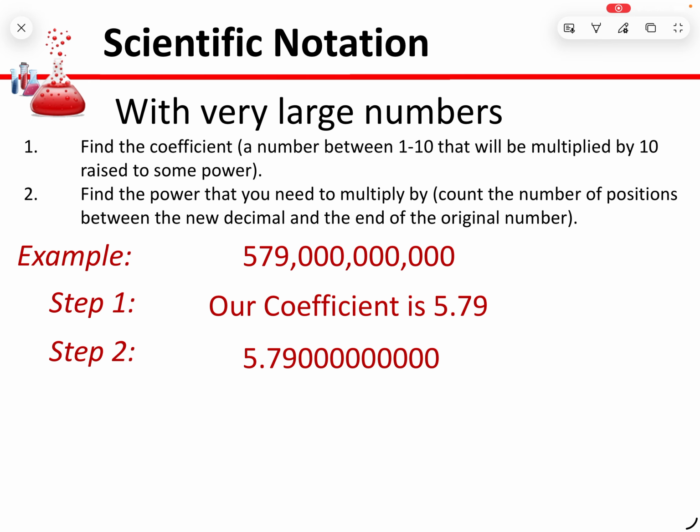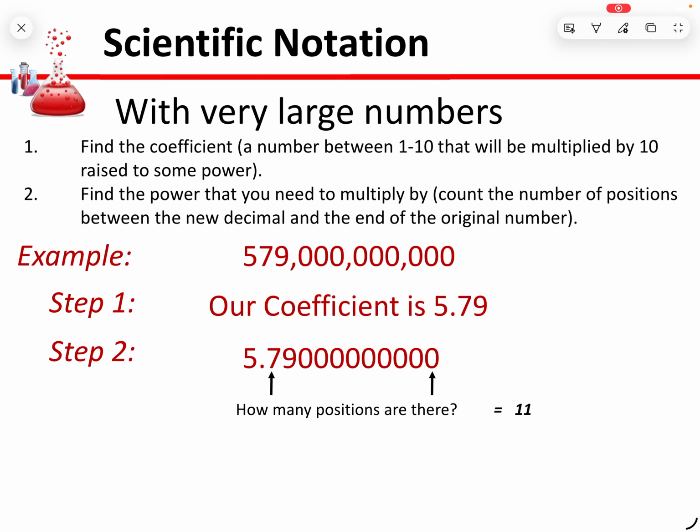And then step 2, we need to assess all the zeros that were past that in that number, right? So how many positions are there? That's going to determine our exponent for the 10 unit, right? So if we count from where our decimal place is, there's 1, 2, 3, 4, 5, 6, 7, 8, 9, 10, and 11 in this number.